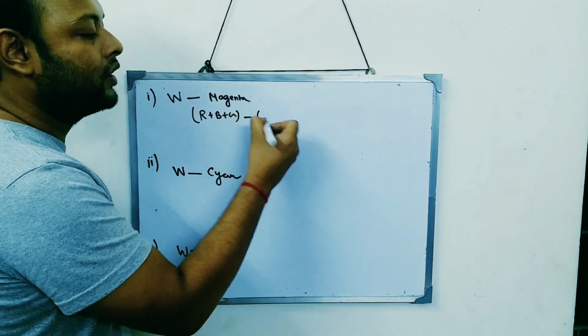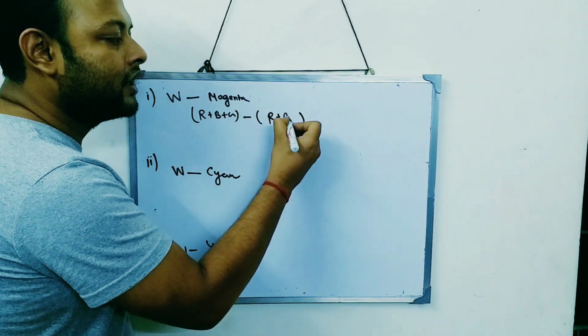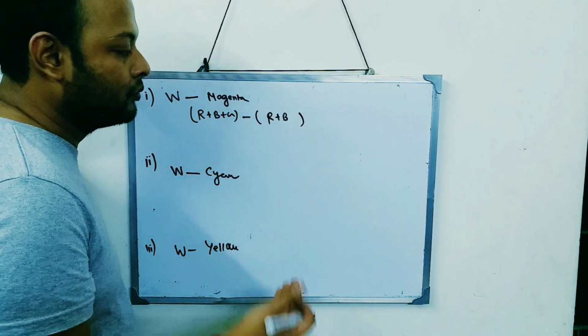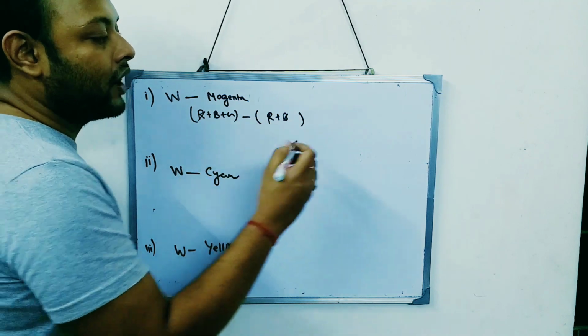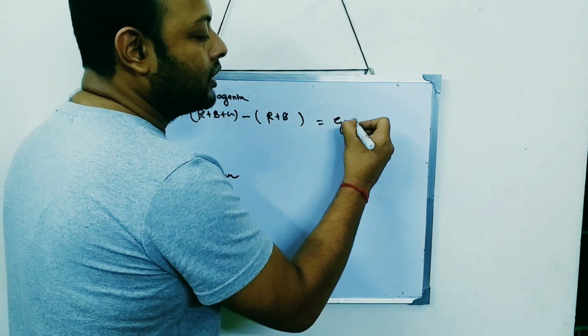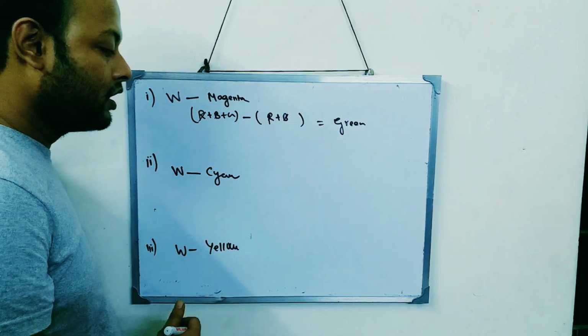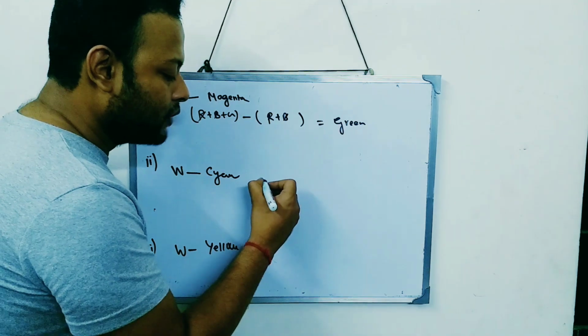And from there we are subtracting magenta. What is magenta? Magenta is nothing but red and blue. So from red, blue and green, if we are subtracting the red and blue, then this red, blue gets over. So the answer is green. So from white, if I subtract magenta, I'll get the green color. Similarly, white minus cyan. So what is white light?